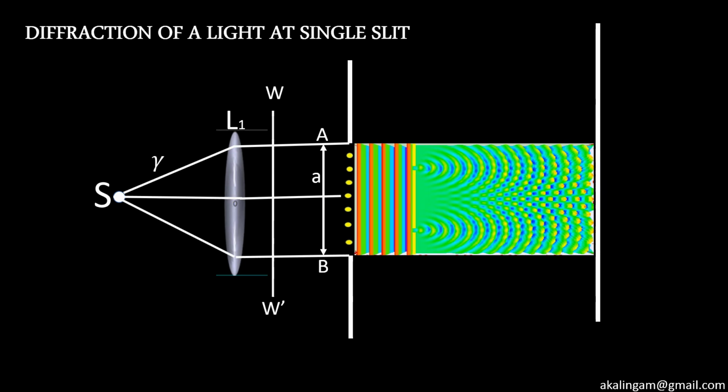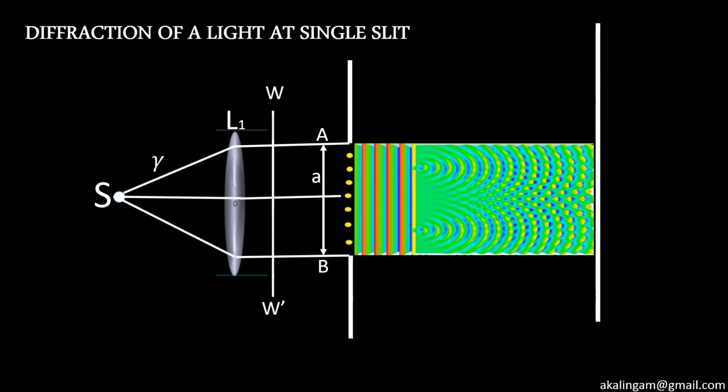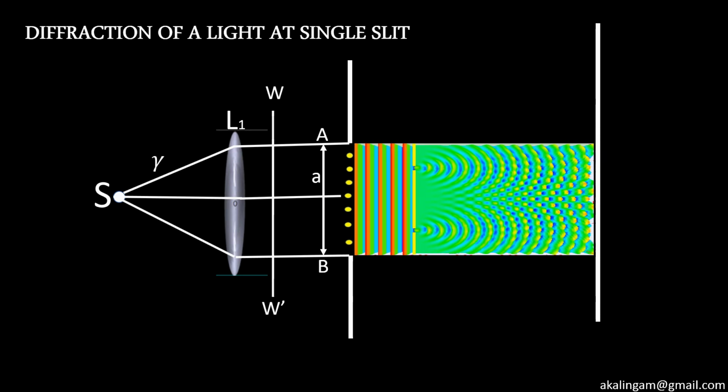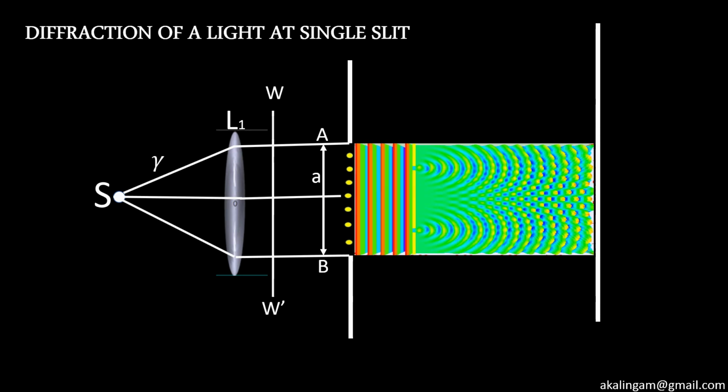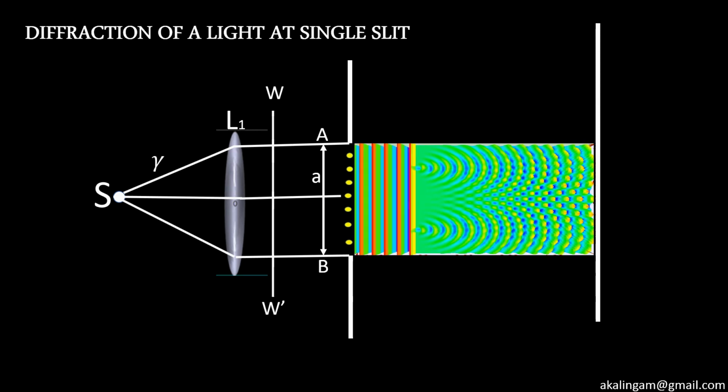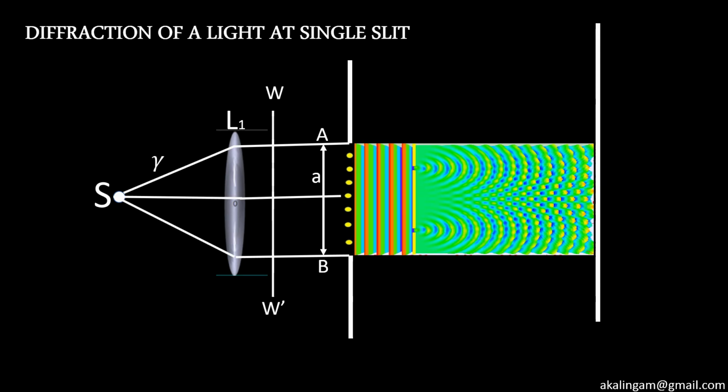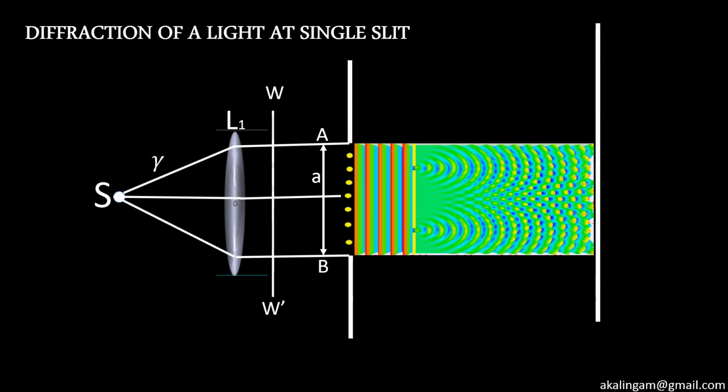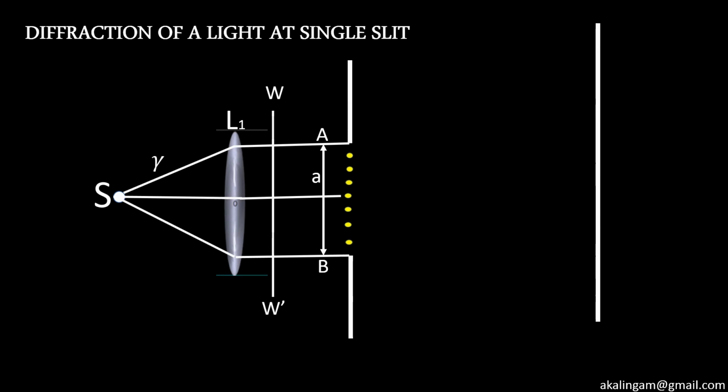It emits secondary wavelets, which get diffracted in various directions. Now you can see the fresh sources of disturbance producing secondary wavelets that are diffracted and travel in various directions.